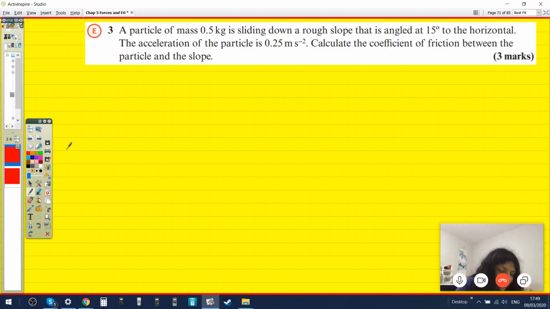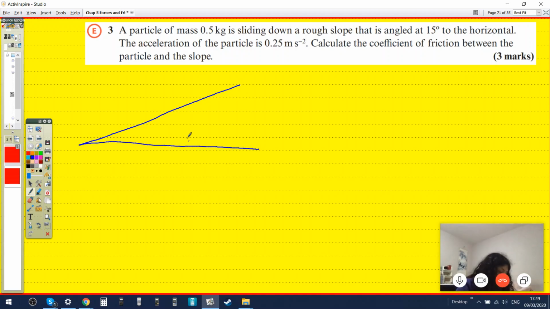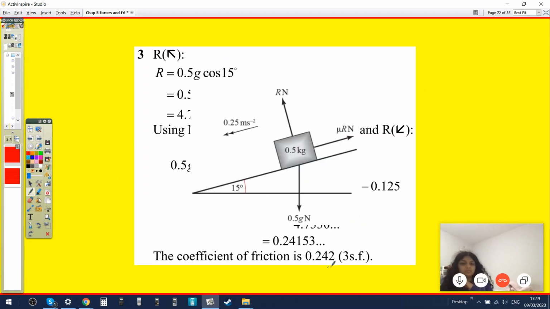Oh, I just read this question. It's way easier than the other one. Seems pretty identical. No, you don't even need to do F equals ma. Or maybe I'm doing it wrong. Who knows? I got mu is equal to 0.27. 0.24.